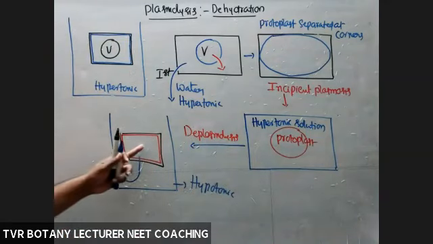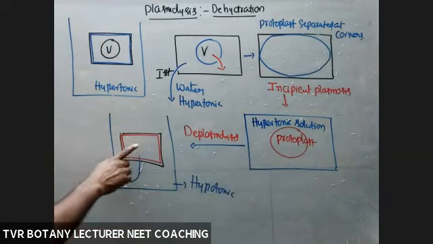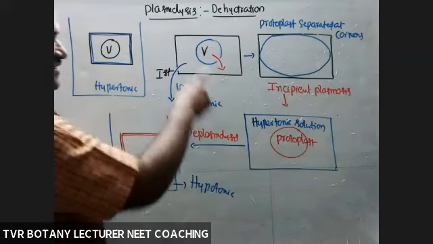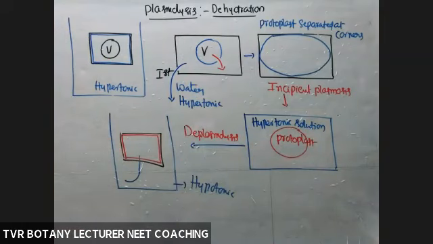So the cell is getting turgidity, turgor pressure, right? So a deplasmolyzed cell is a turgid cell, or maybe a fully turgid cell. What is a turgid cell? A cell with turgor pressure. So this phenomenon, plasmolysis, is a very rare case, under certain conditions only.